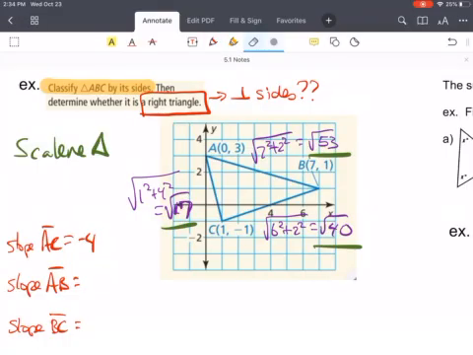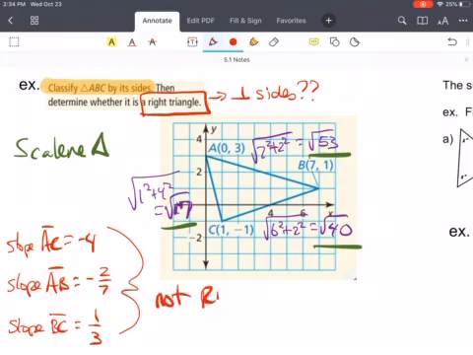That's going to give me a slope of -2/7. And then we get a slope of +1/3 for BC. And we can see that there are no sides that are perpendicular, so this is not a right triangle.